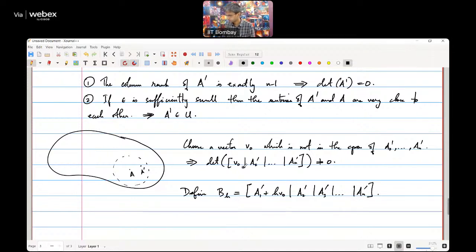Okay. So then the determinant of BH is equal to the determinant of A prime, plus H times the determinant of the matrix with V0 in the first column.